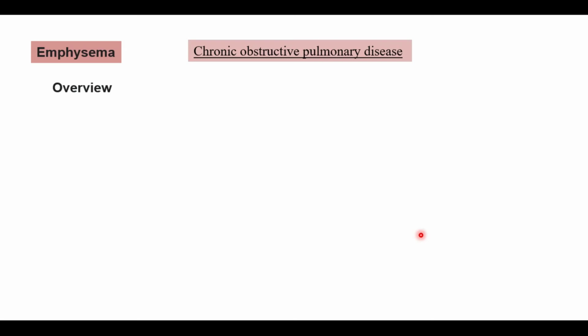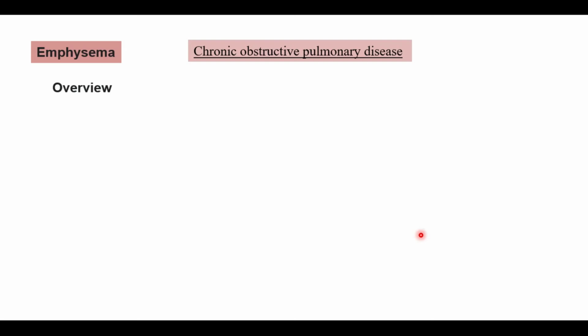This condition occurs most commonly in current or regular cigarette smokers and affects some 2 to 10 million people worldwide. The World Health Organization estimates that 5% of all deaths around the world are due to COPD, chronic obstructive pulmonary disease.